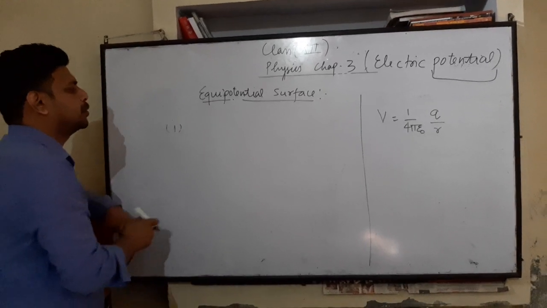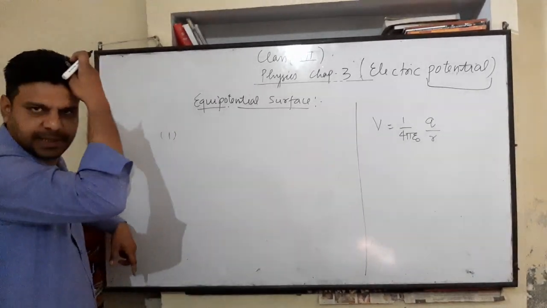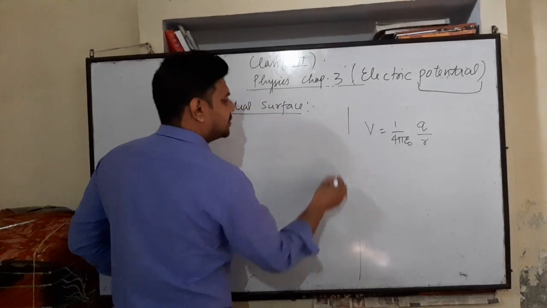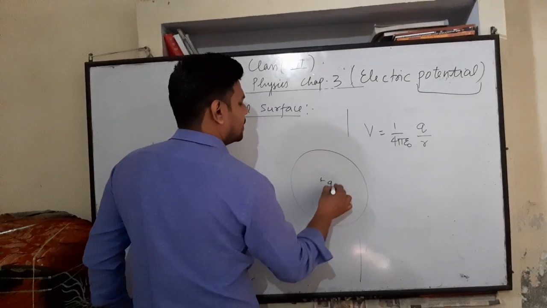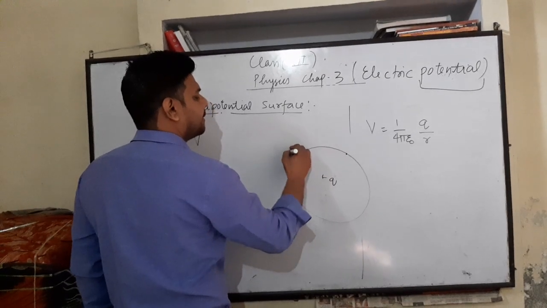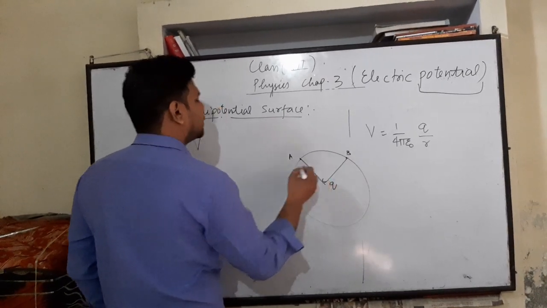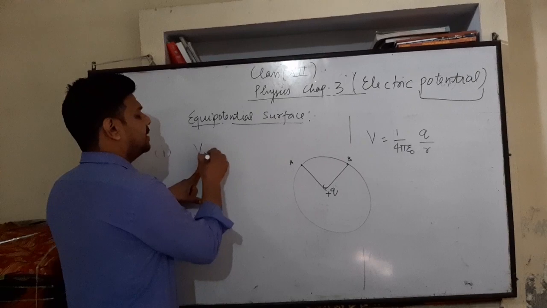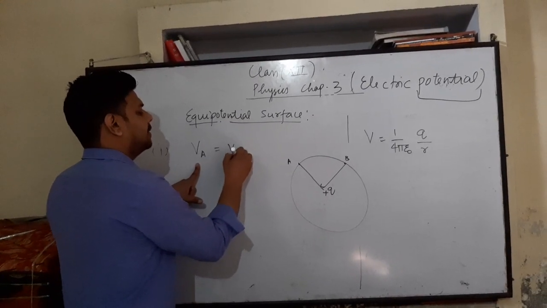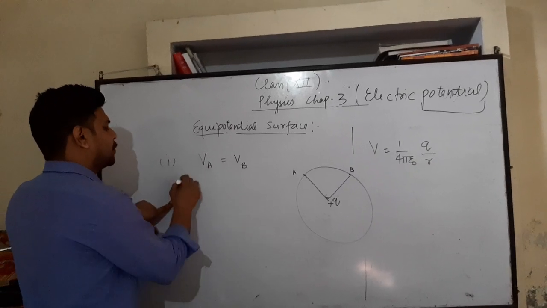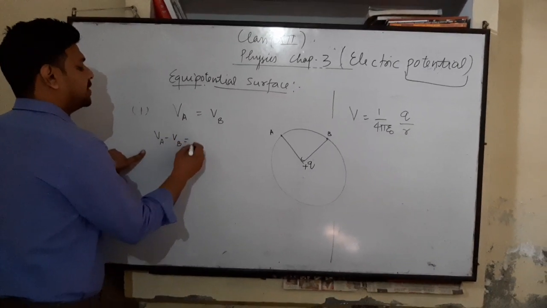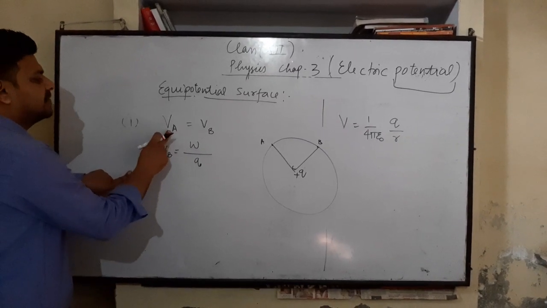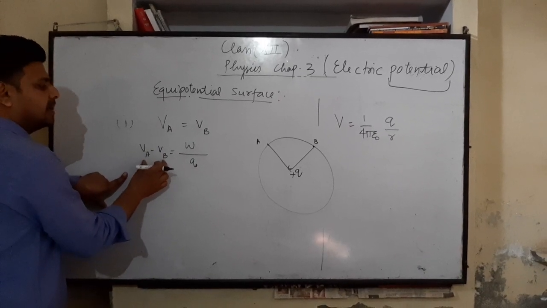We have seen that potential at every point on the surface is the same. For an equipotential surface, consider 2 points A and B. From the definition of equipotential surface, the potential at point A is equal to the potential at point B. From the definition of potential difference, the potential difference between 2 points is defined as W over Q. So for an equipotential surface, VA is equal to VB, then this side becomes 0.